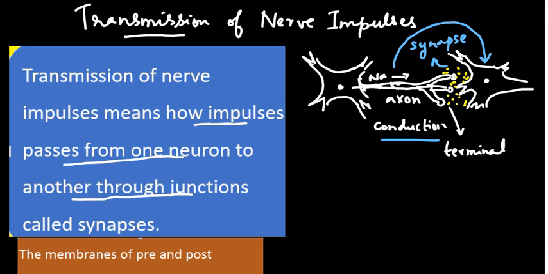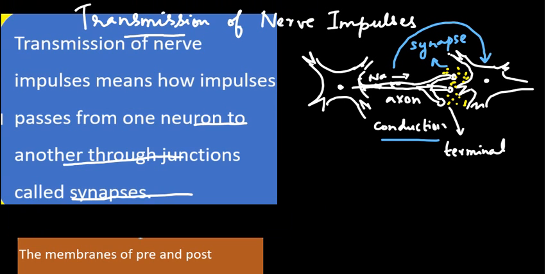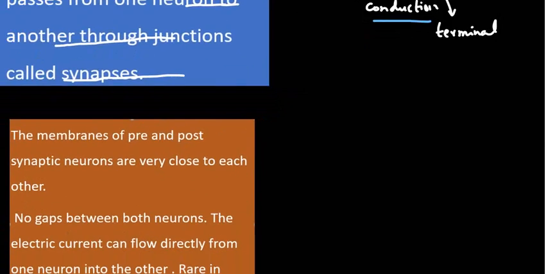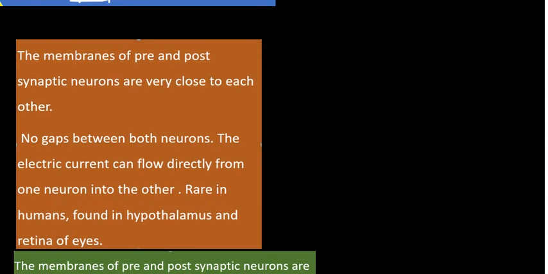Now there are two types of synapses. A synapse need not always have gaps. So synapses can be of two types. One is the electrical type.